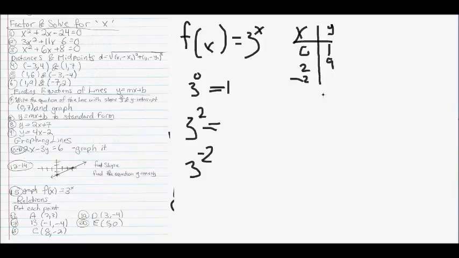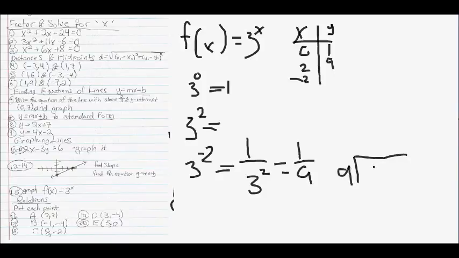And if it's negative 2, well, 3 to the negative second power is a little tricky to do, but that's the same thing as writing 1 over 3 to the second power, which is 1 over 9.